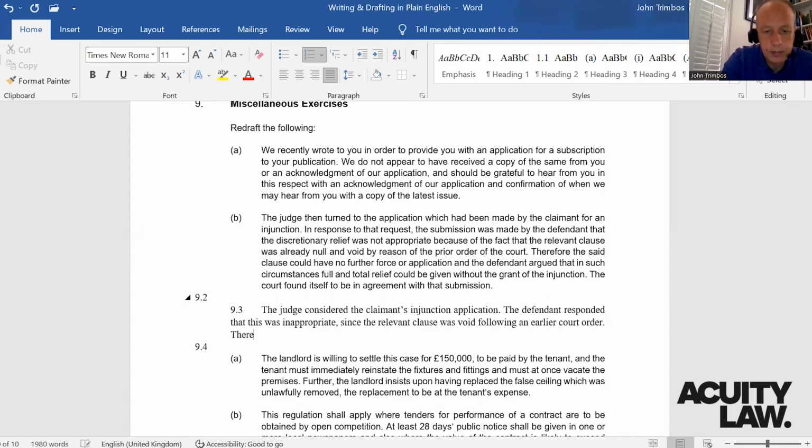Therefore, the clause had no effect, or you could say was ineffective.